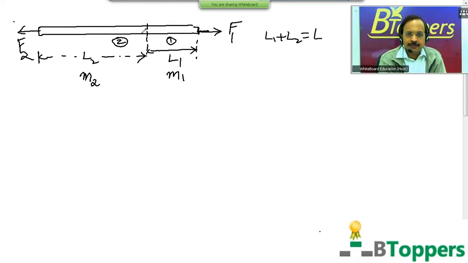So the first part of the rope exerts a force on the second part towards right. Here F bar subscript 1 2 represents the force on the second part.